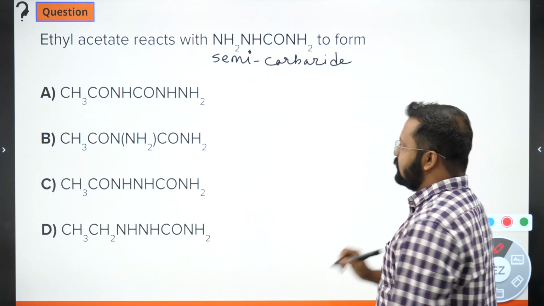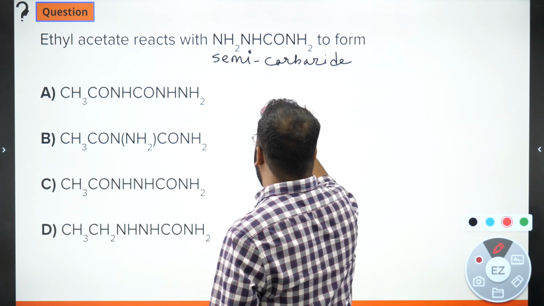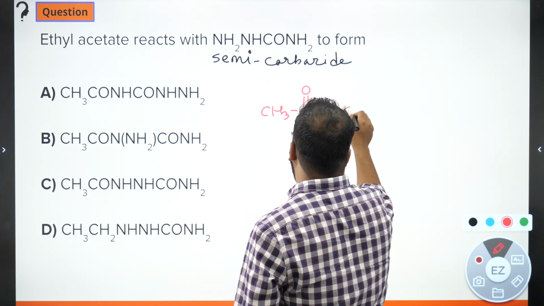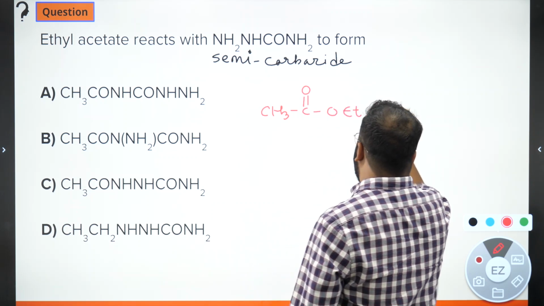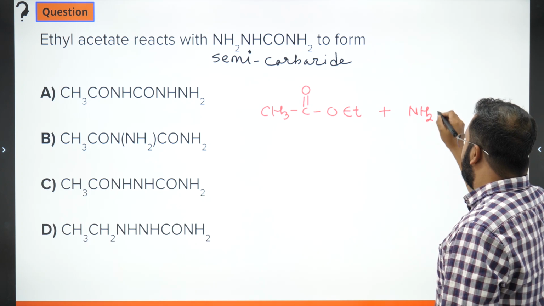Now when semicarbazide reacts with ethyl acetate, what would be formed? So this is ethyl acetate, and this is our semicarbazide, NH2.